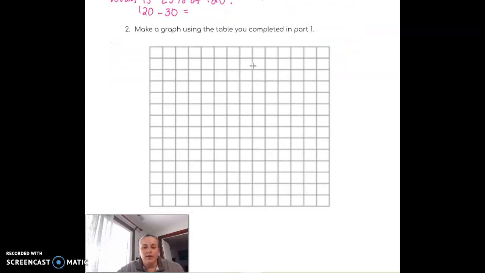So if we were to make a graph of this, down here at the x-axis, we're going to put the number of hours. We can go by ones, and I think we should be able to skip lines too. In the corner, we have 0, 1, 2, 3, 4, 5, 6 hours.